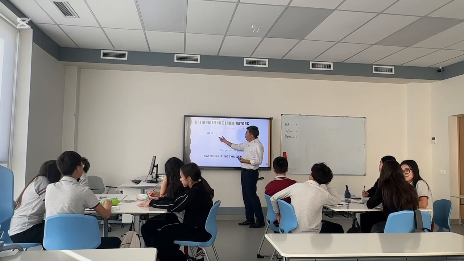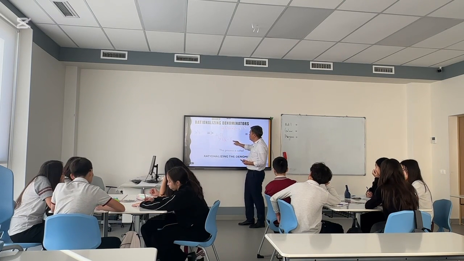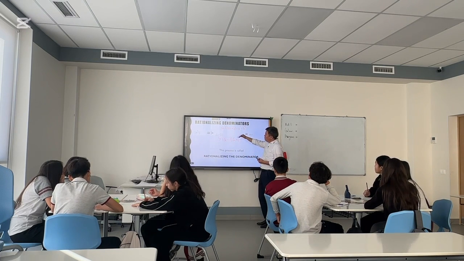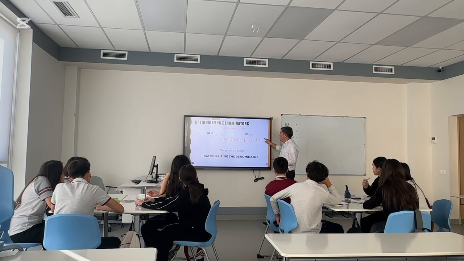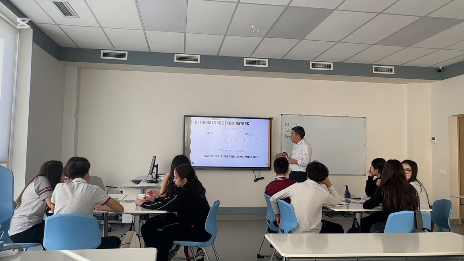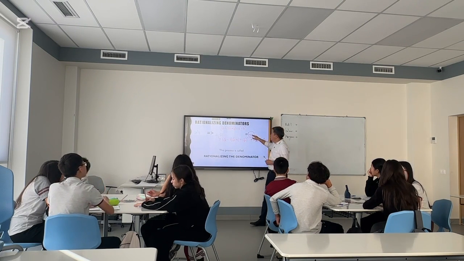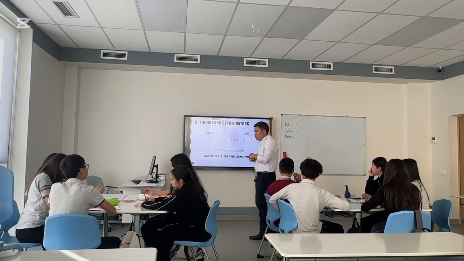And the same we will do here. It's like root 2 minus 1 times root 2 plus 1. And by using this formula, we will get root 2 square minus 1 square. It is 2 minus 1, and the answer is 1. And the same is here. Now the final answer was 3 root 2 plus 3. Okay, please write it in the notebooks.